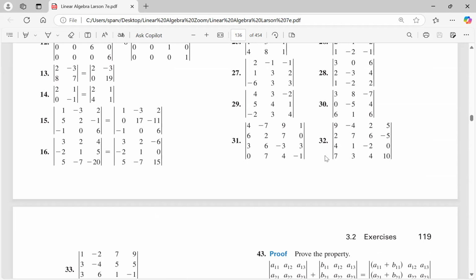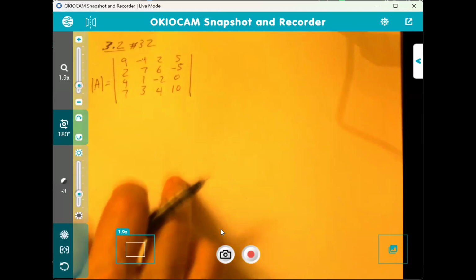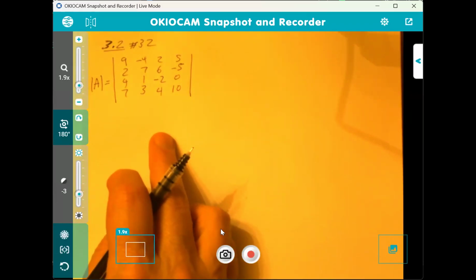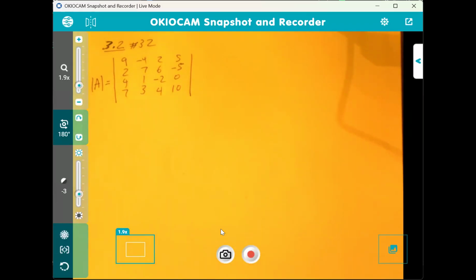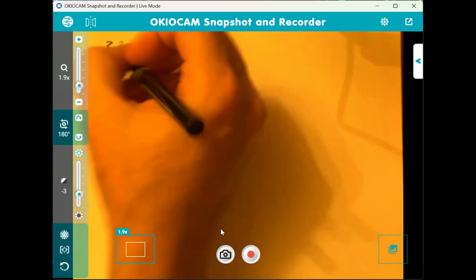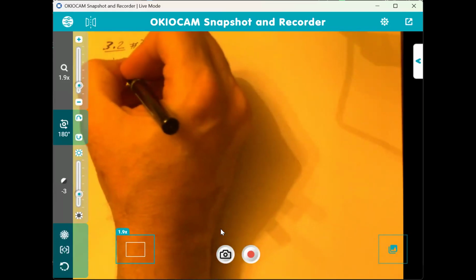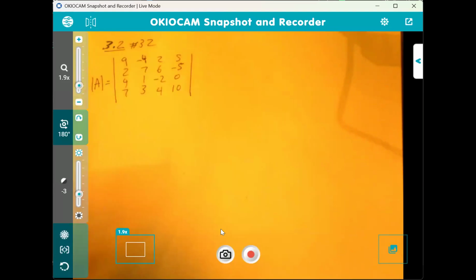Now, let's do this. I'm going to change my share to my notepad. All right, so I copied the problem down. Again, I don't see any constant multiple of a row or column by anything, so the determinant isn't zero most likely.